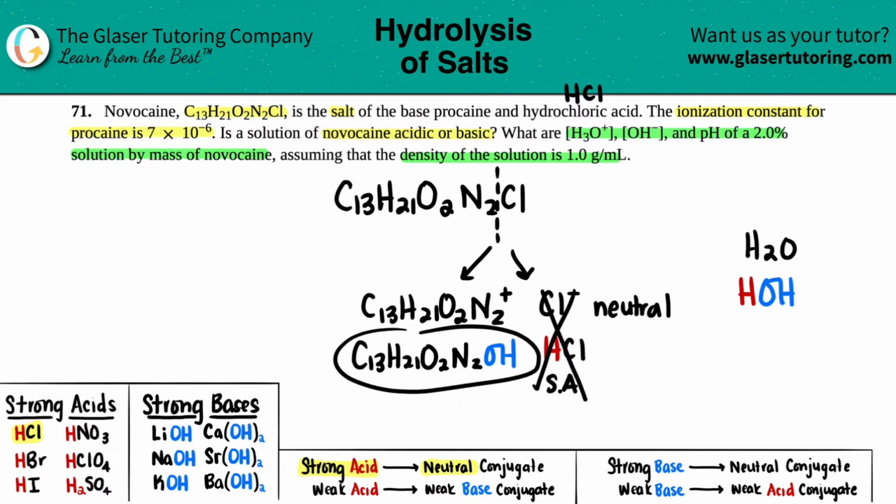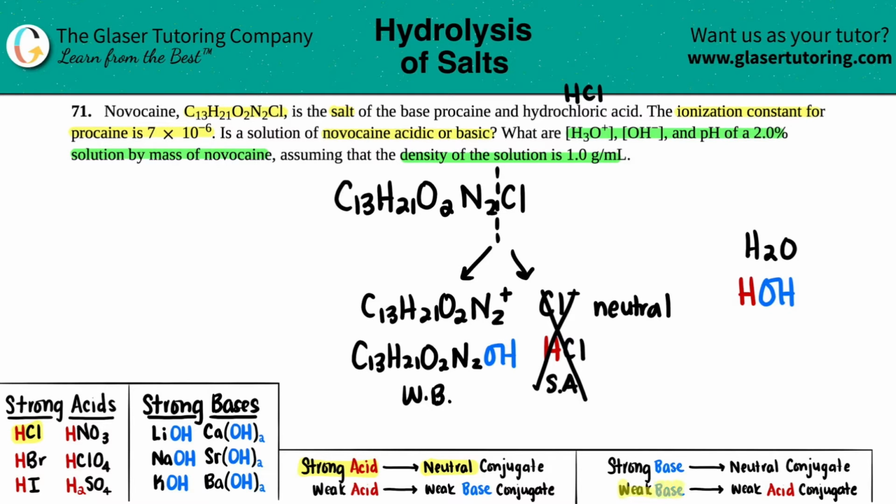Now we do the same thing over here. Is this on my list of 6 strong bases? No, these are just group 1 and group 2 ions, not this huge C13H21O2N2. So this would be classified as a weak base. If it's not a strong base, it's classified as a weak base.